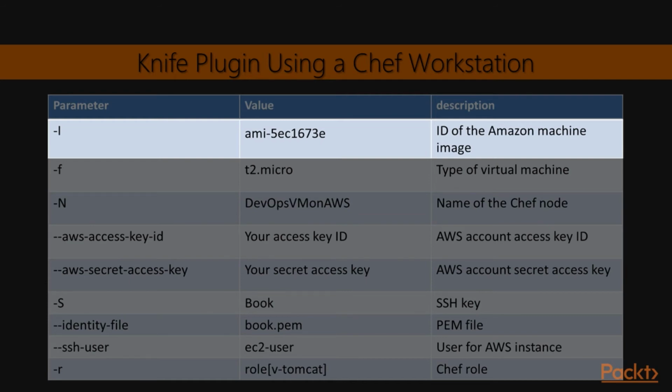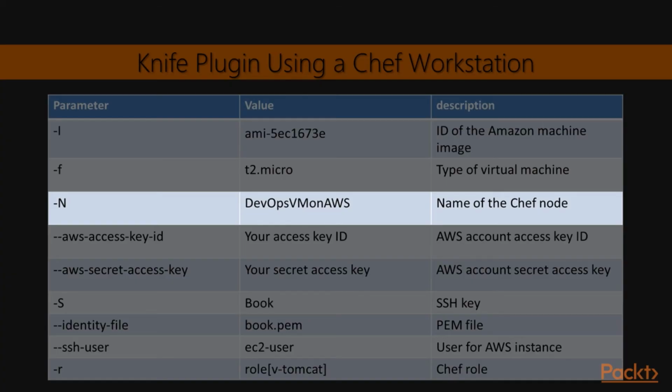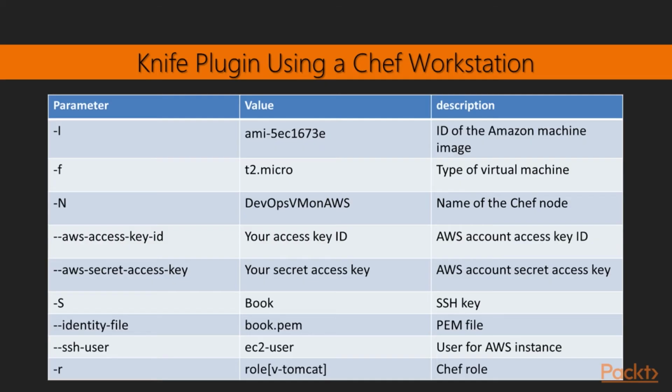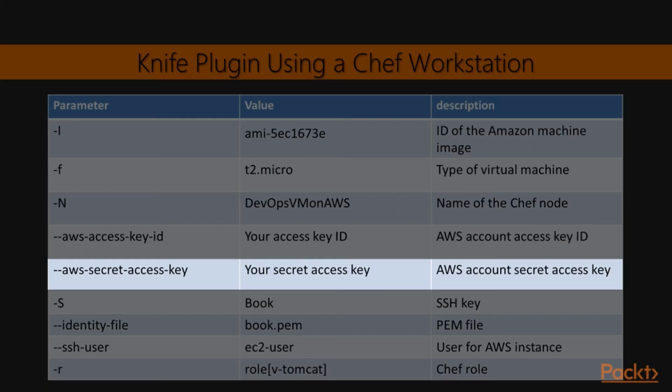I: ID of the Amazon machine image. F: Type of virtual machine. N: Name of the Chef node. AWS access key ID: AWS account access key ID. AWS secret access key: AWS account secret access key.